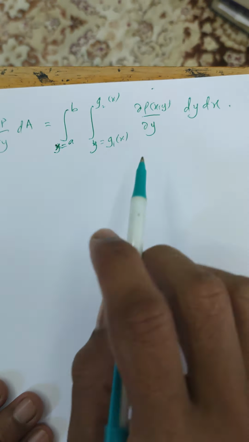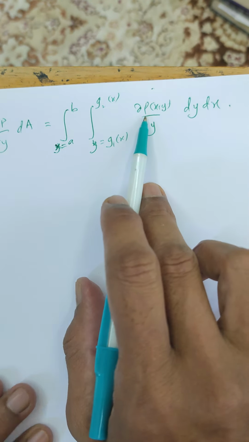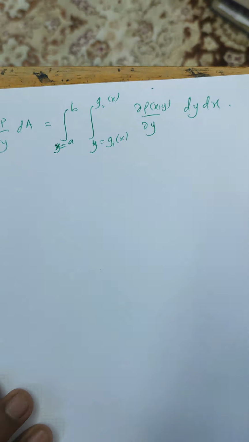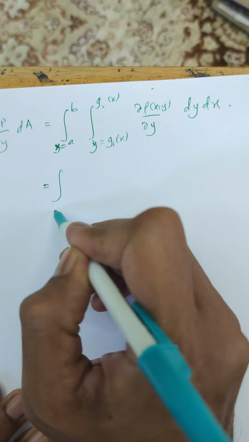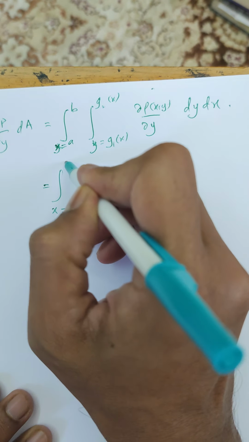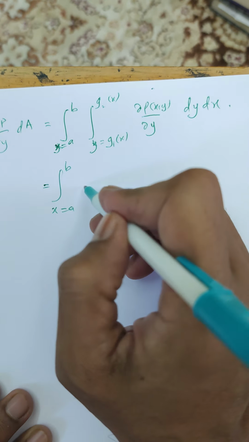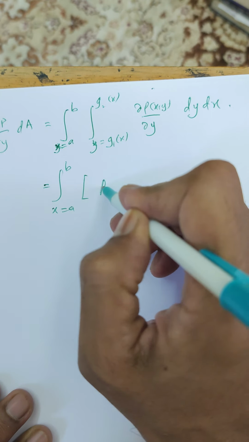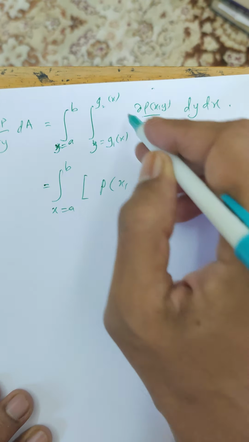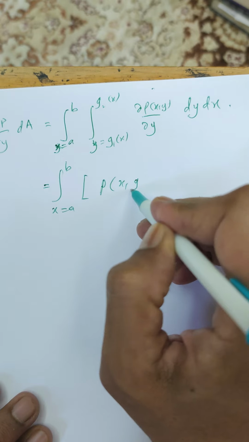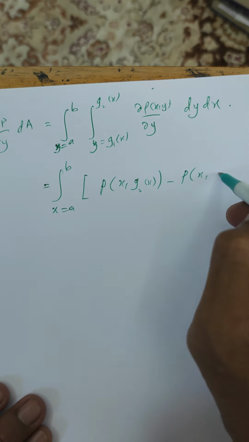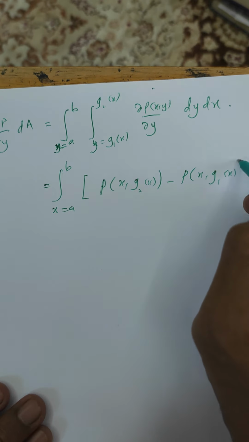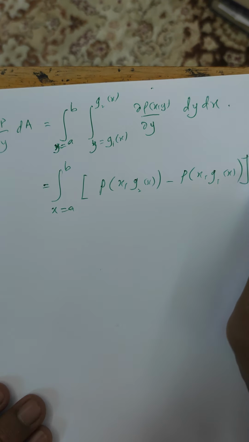So we can solve this: integrate, differentiate, we get that function again. So we integrate from x equals A to B, P of x with y equal to G2(x), minus P of x with y equal to G1(x), dx.